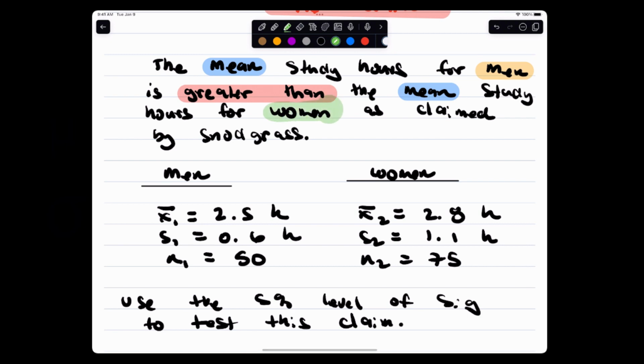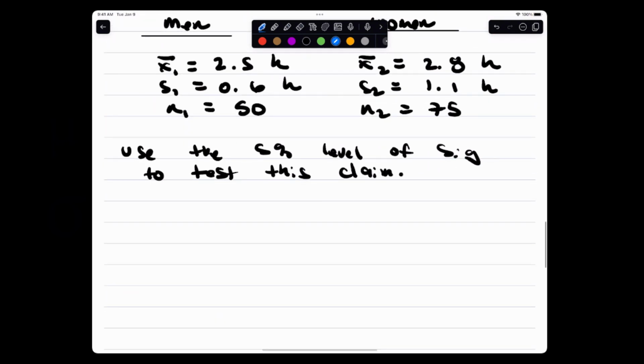Women, as claimed by Snodgrass. So, greater than. So we're going to say what? Mu1 is greater than mu2. And what is this? The claim.